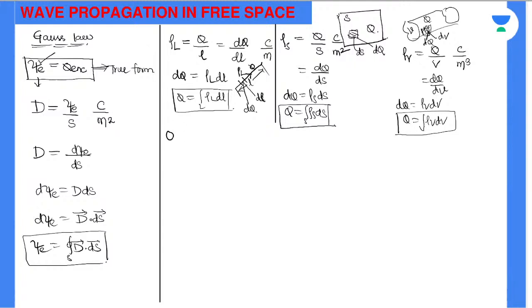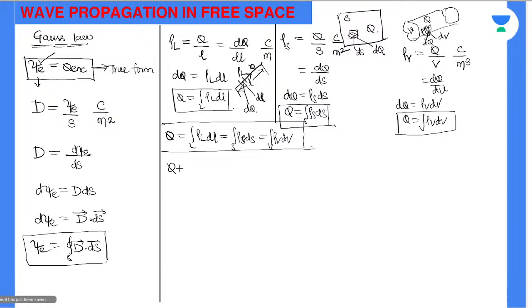Therefore, how is Q related to these distributed charge densities? Q is line integral of rho L dl, surface integral of rho s dS, volume integral of rho v dV. When you take the generalized case, we take in terms of volume.